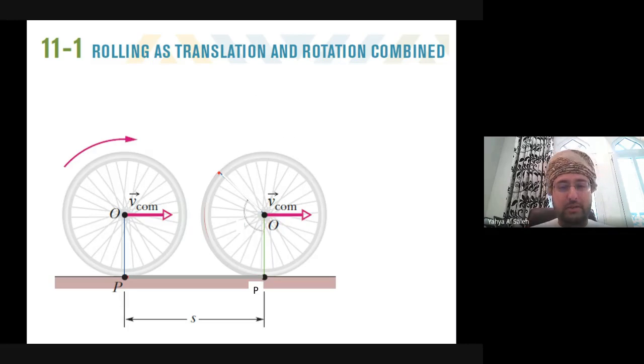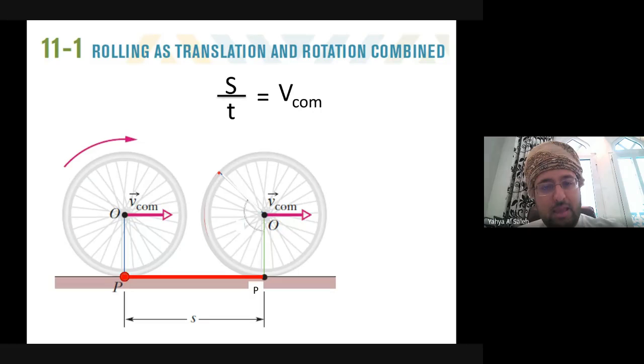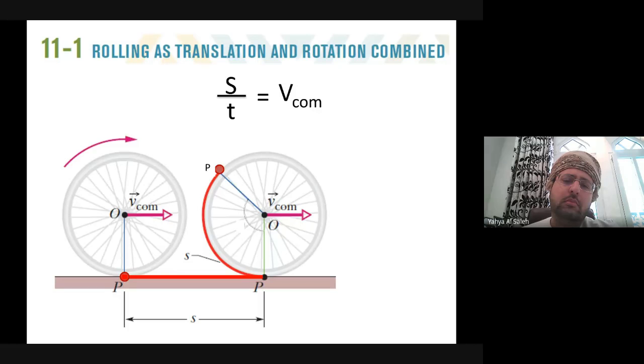But if I choose this point P down here, and I have moved from here to here, this point P would have moved through this red direction, right? How much is this? This will be theta multiplied by the radius.